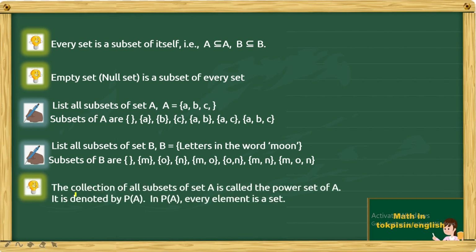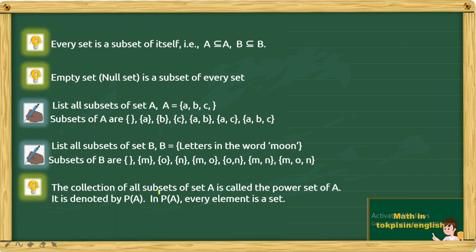The collection of all subsets of set A is called the power set of A. So let's look at set A here. Set A is equal to the set having the elements A, B and C, but all the subsets of set A are listed here, that is the null set and the rest. When we have all of those subsets included in a set, then it becomes the power set.